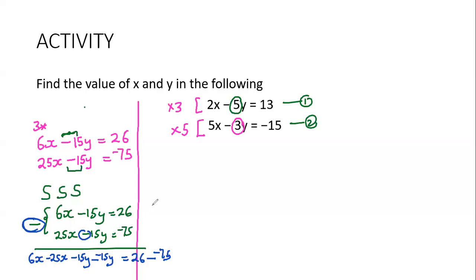So 6 minus 25 gives us negative 19x. Negative 15y minus 15 is 0, which equals 26 minus 75, which will give us 101.